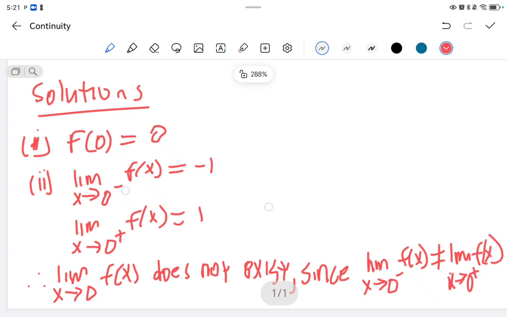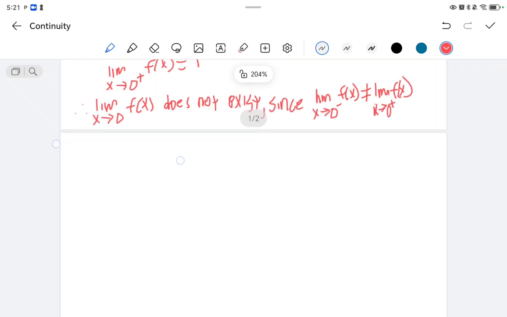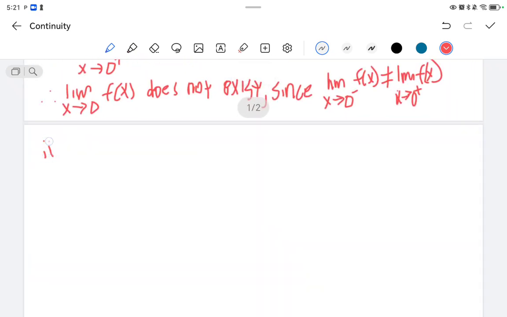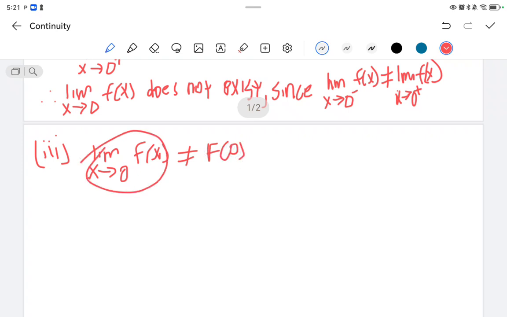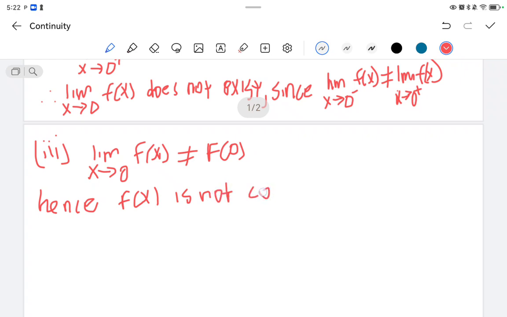Then on the third point, the limit as x approaches 0 of f of x cannot be equal to f of 0, because this limit does not exist. Hence, I'm going to state that f of x is not continuous.